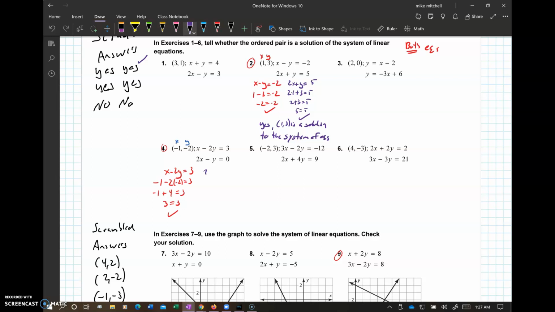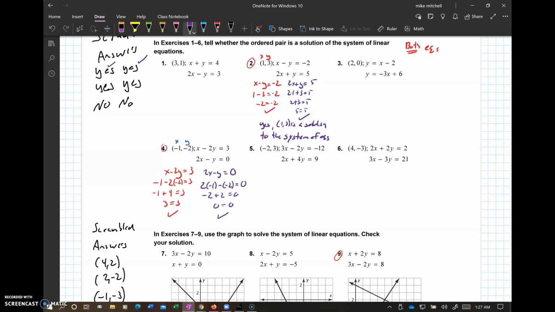Now let's try our second one. 2x minus y equals 0. So we have 2 times -1 minus a -2 equals, I got the wrong number down there, not 2, 0. That should be 0. So I have 2 times -1, that's -2 minus a -2, that's plus 2 equals 0. 0 equals 0, that checks out.